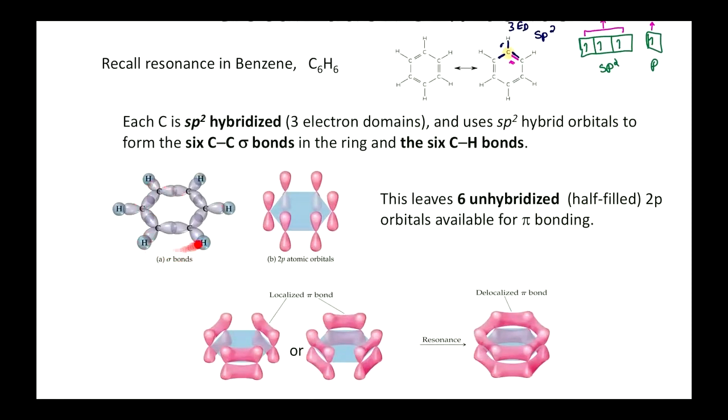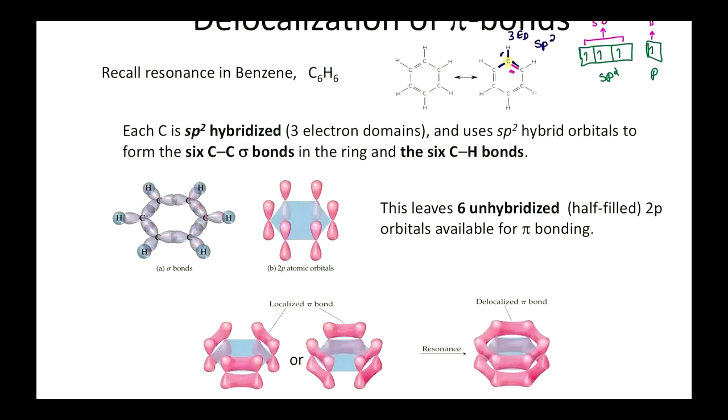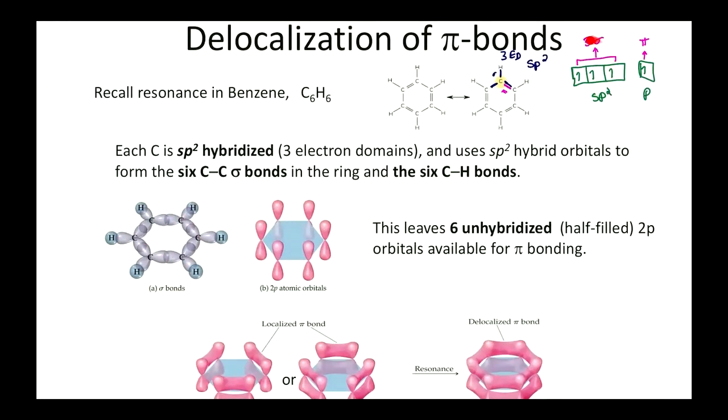So this framework shows you all of the sp2 hybrid interactions, all of the sigma bonds. The sigma bonds is what makes the ring. It's what makes all the bonds to hydrogen. It just makes the skeleton structure of the molecule. That's not the important part, okay? We need the sigma bonds to actually form the molecules.